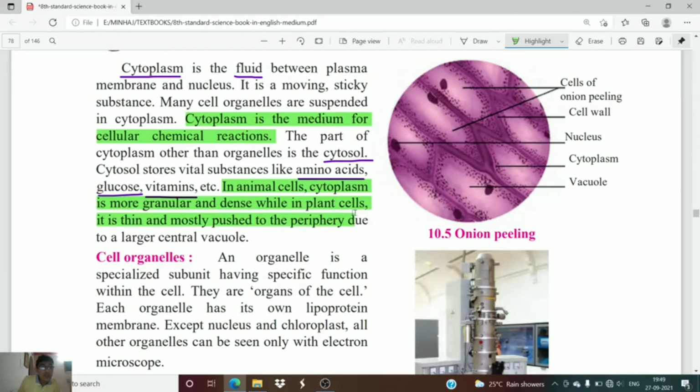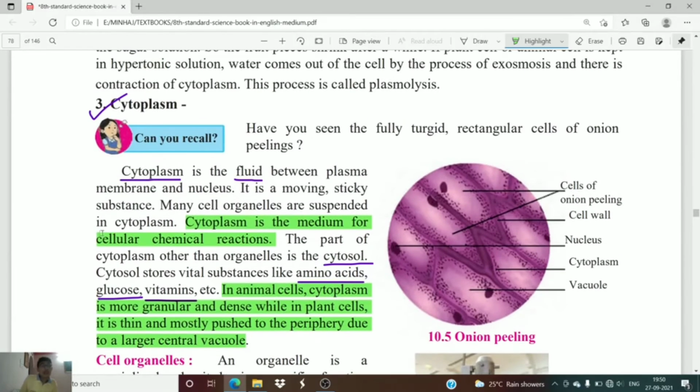Whereas in the plant cell, the cytosol is not that dense, and it is mostly pushed to the periphery due to a large central vacuole. So this is about the cytoplasm.